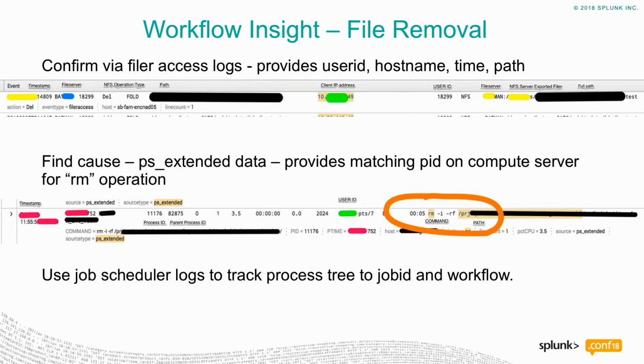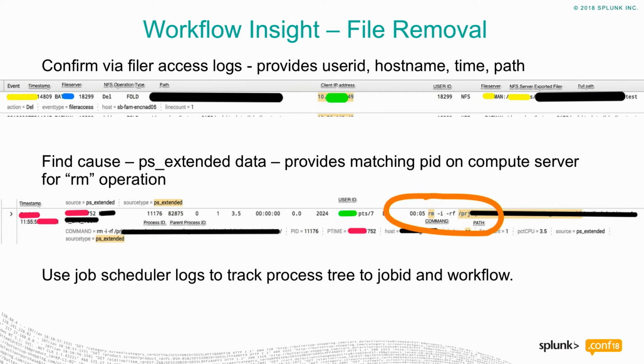Now again, I've had to eliminate some of the super secret things like usernames and process IDs. But that's what the bottom data is here. It's just showing you the process information from a Linux system. And essentially, we knew a file was removed, we knew who did it, and we knew the command running, in this case, rm. So there was a recursive rm that was run, and we knew the user, and that was the process that ran it.